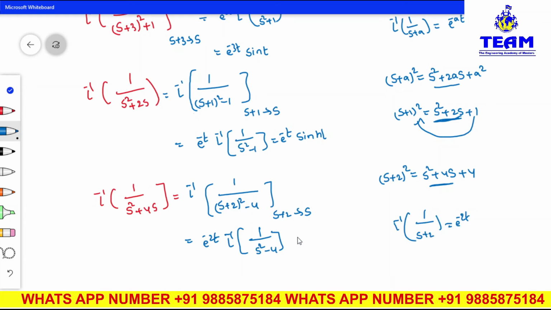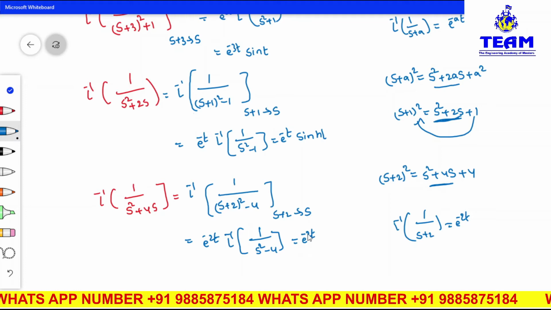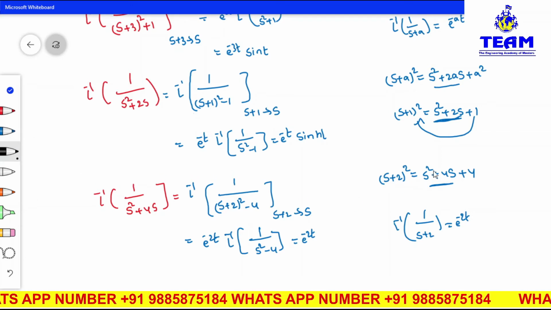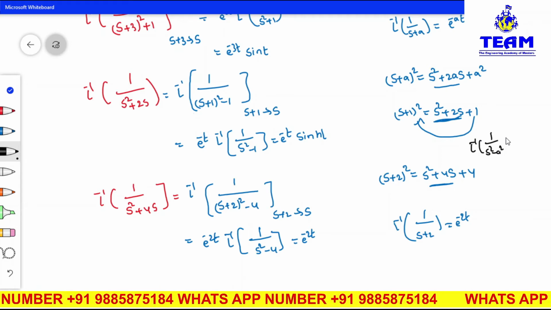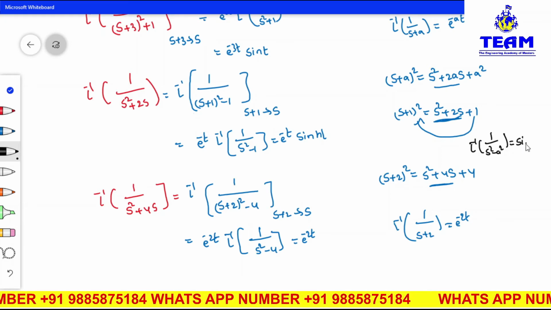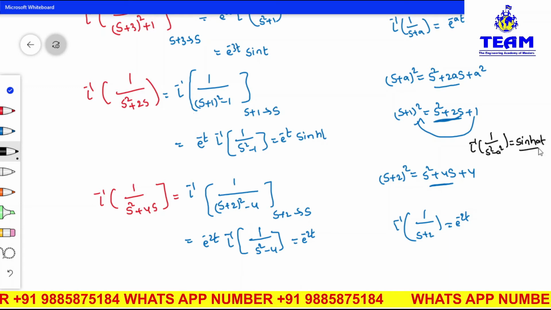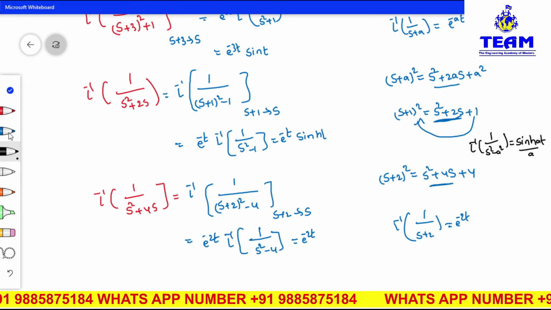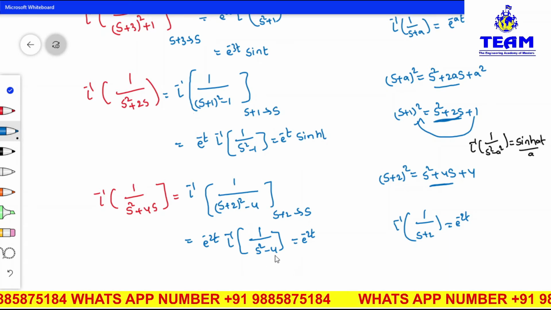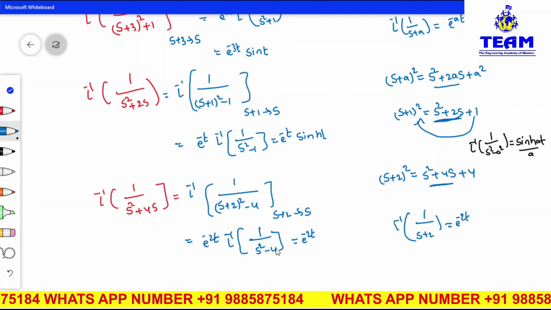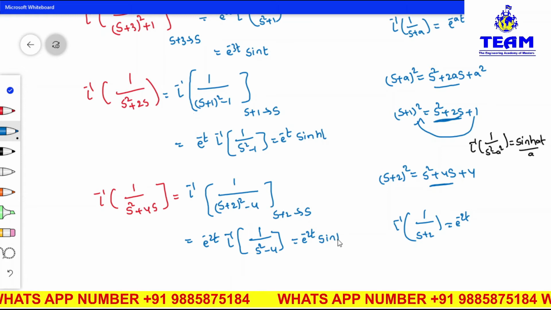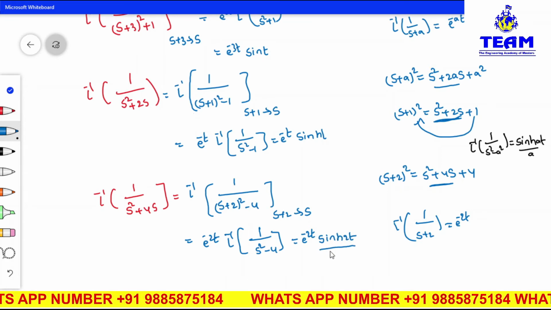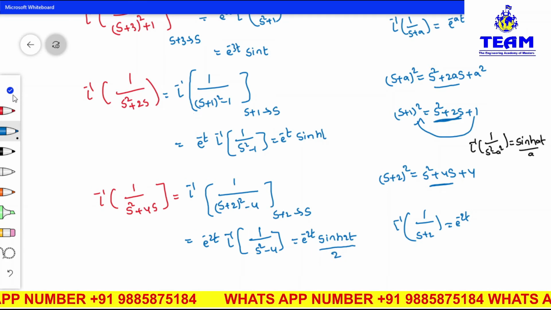This is equal to e to the power of minus 2t into, we know the formula, L inverse of 1 by s square minus a square is sinh at by a. Now here you have s square minus 4. In place of a square I have 4, so a is equal to 2. So this will be sinh 2t by 2. Is it clear, friends?